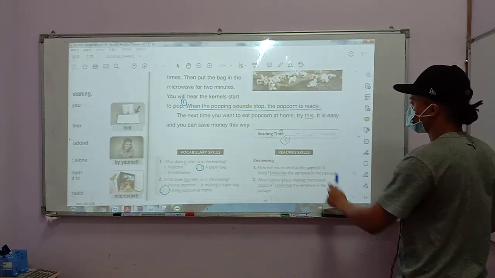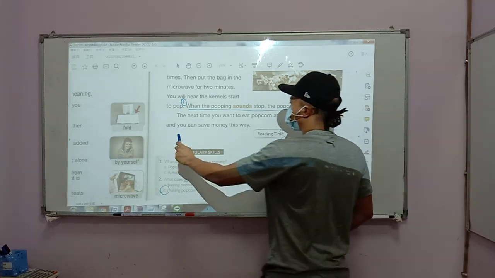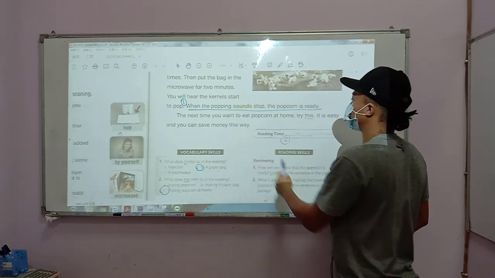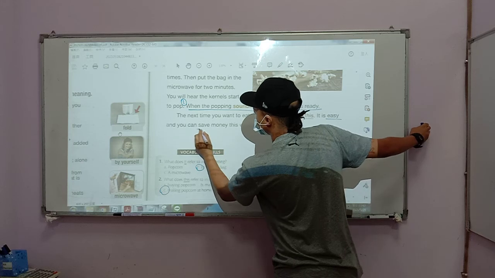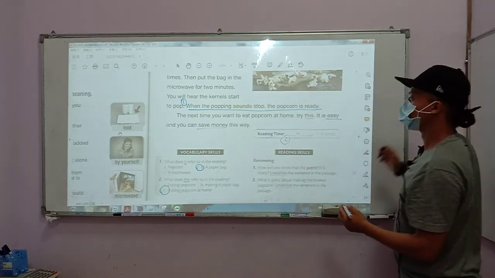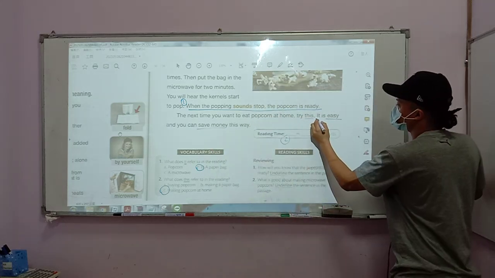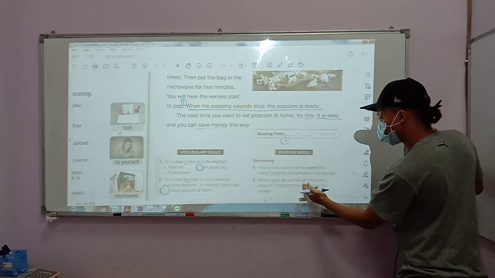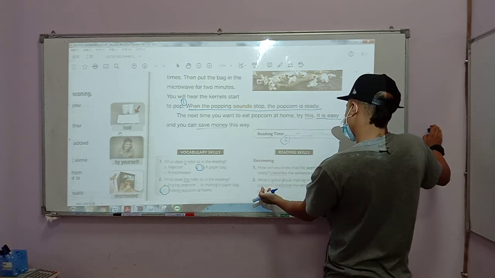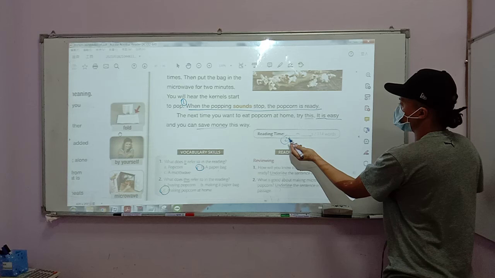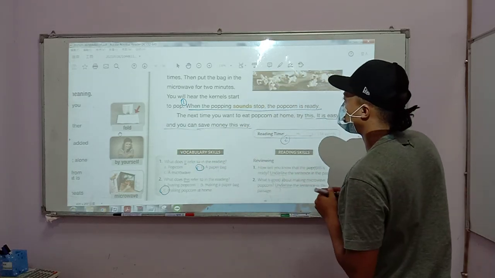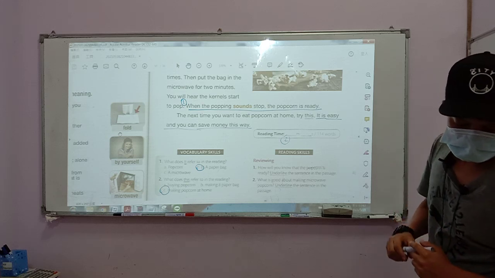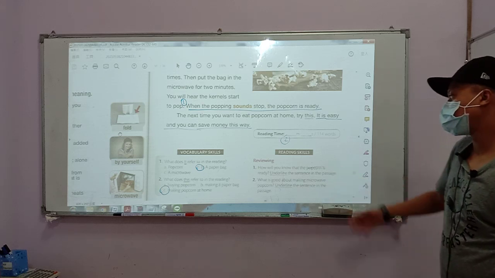So this way of doing it, it is easy and you can save money this way. So there are 2 things, easy and save money. These 2 are the reasons why it's good to make microwave popcorn. So it is easy and you can save money this way.